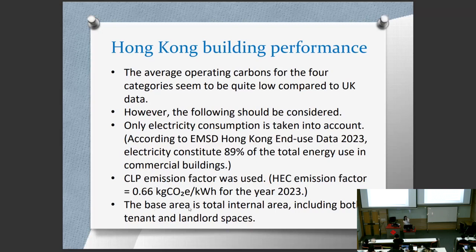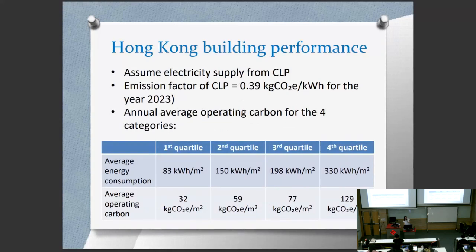And the base area is the total internal area, including both the tenant and the landlord area, okay. So it means that these per square meter values would include both the tenant area and also part of the landlord area based on the proportion of the rented area.